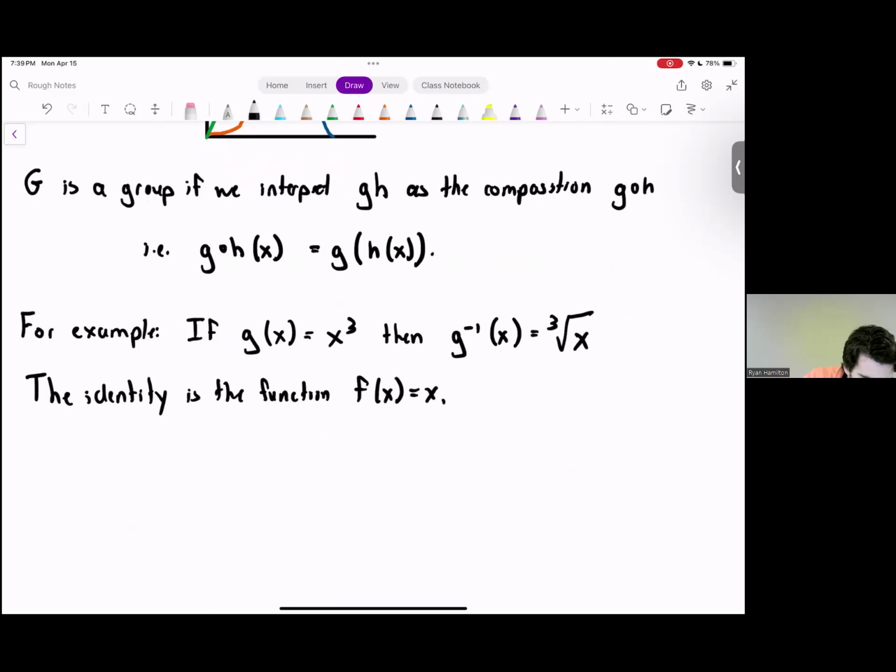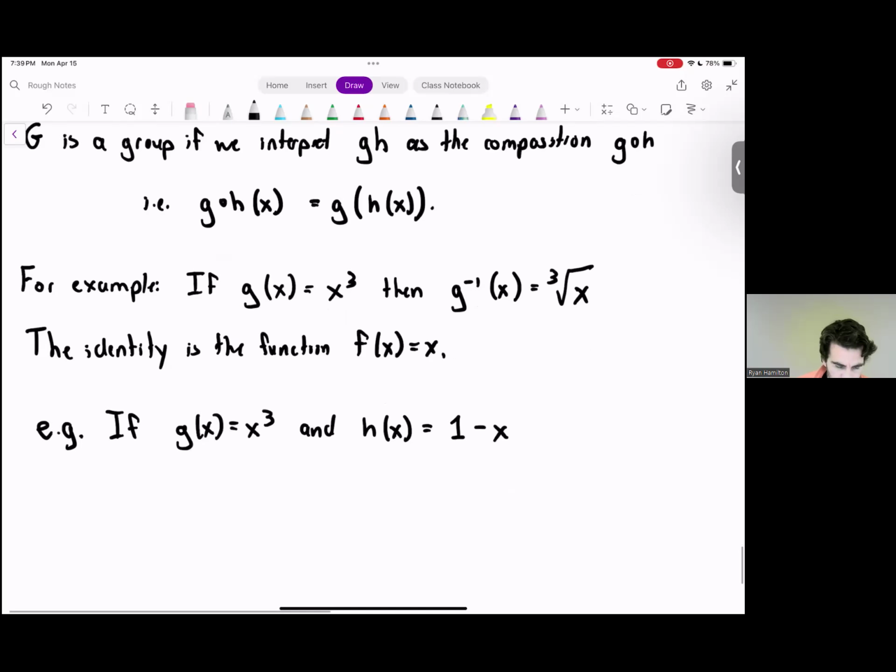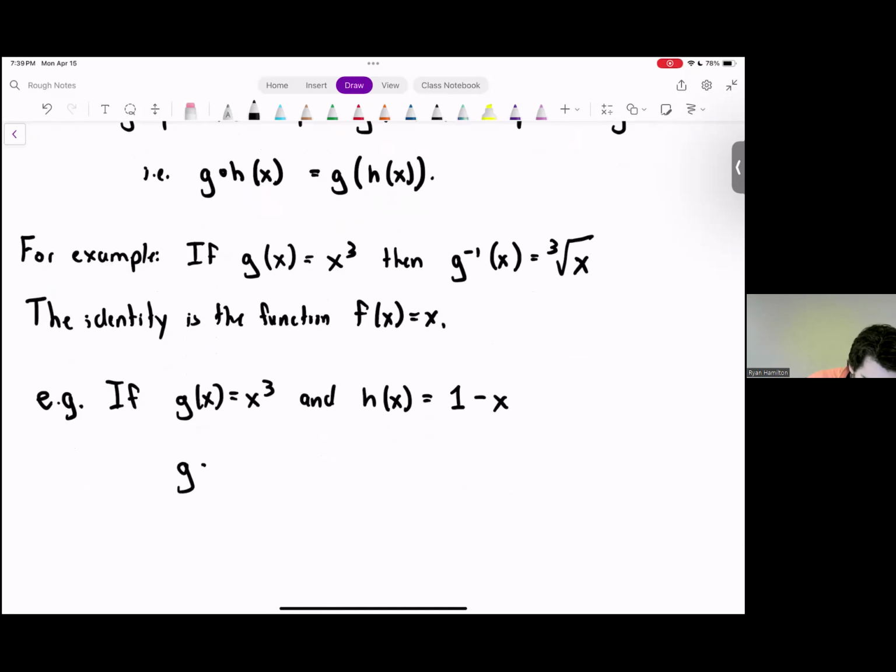And maybe just as an example, I've used f, so let's go back to the original g that we have up there. G of x is x cubed, and h of x is 1 minus x, one of the other ones that we did. I can combine these two into a single thing. So g of h of x, that's the same as writing g of 1 minus x, which is 1 minus x cubed.